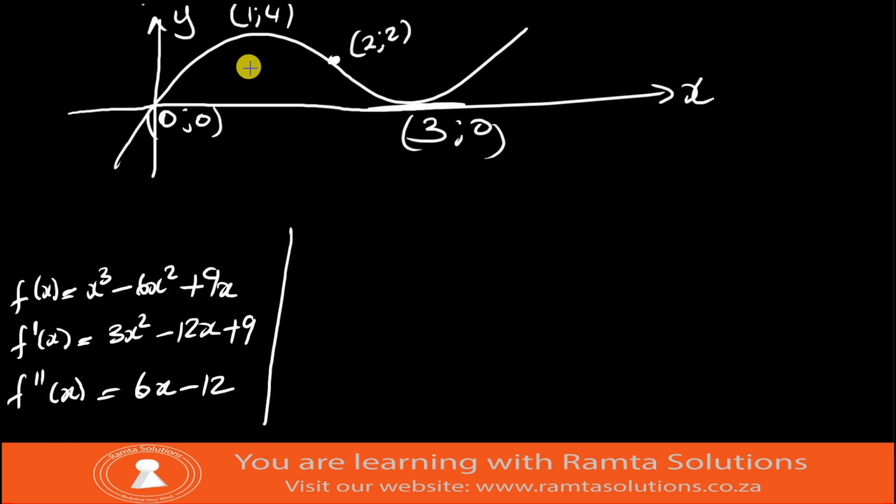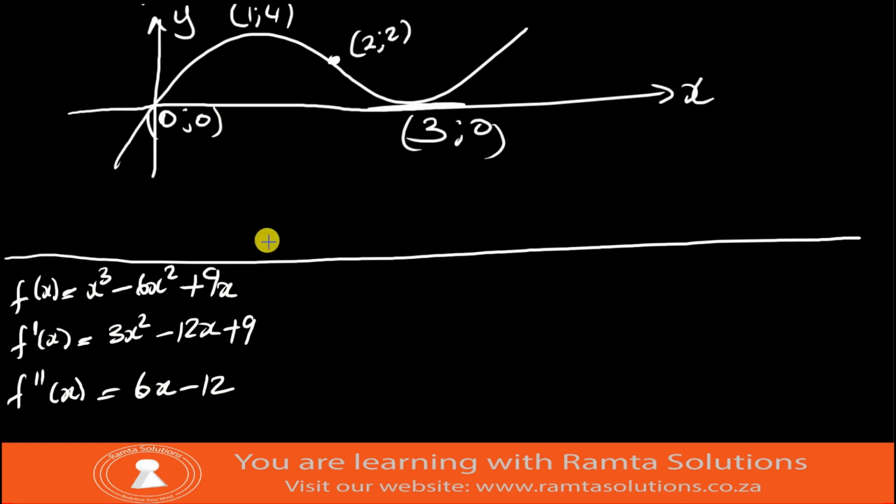Okay, so we are going to be investigating this, and here we will be writing our x values. The x values that we see here: 0, 1, 2, 3. I think that's enough.